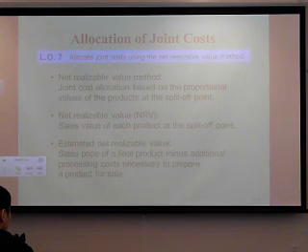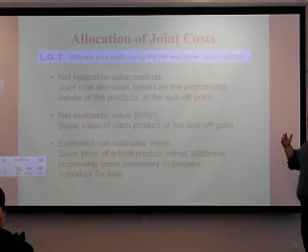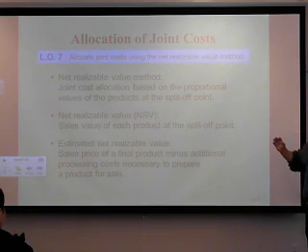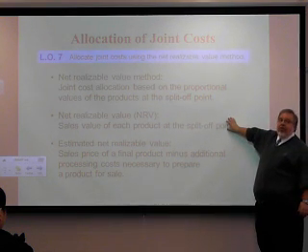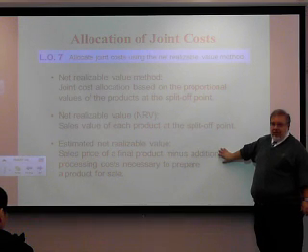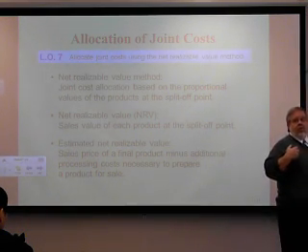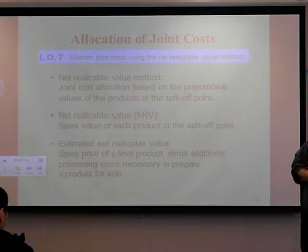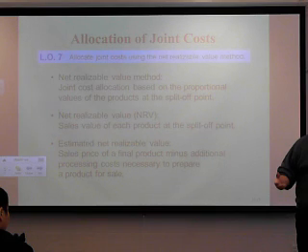Now, estimated net realizable value is the term he likes to use. I'll tell you, a lot of books term this differently. When you're doing this, they would simply call this sales value. Then they would call this method just net realizable value. Net meaning we subtract out, what's the net amount we will get? Final sales price minus any separate processing cost.